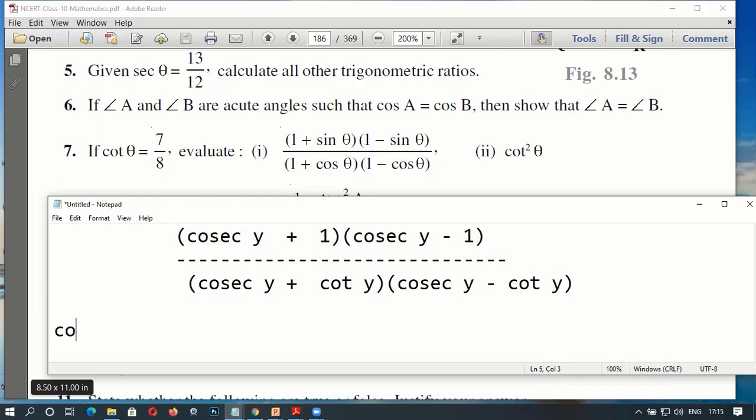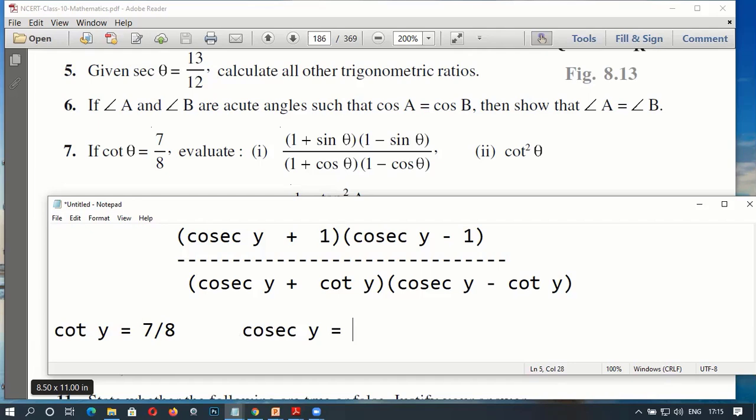See, cot y is given as 7 by 8. So cosec y would be what? If cot y is this, cosec y would be, see, 1 plus cot square is cosec square.